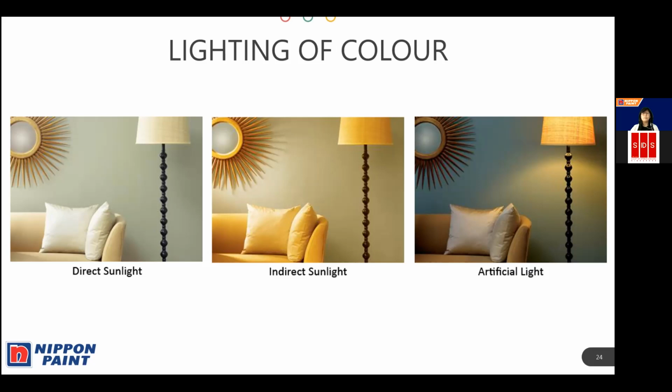So for the same color, for example, under direct sunlight, it will look like the extreme picture on the left. Under artificial light, it will look like the extreme picture on the right. And if it's under indirect sunlight, it may look more yellowish, like the center picture. So under different light, the very same color will also look different.